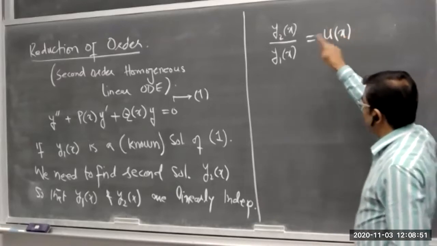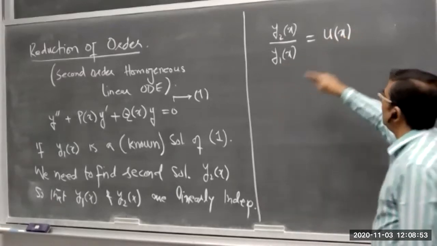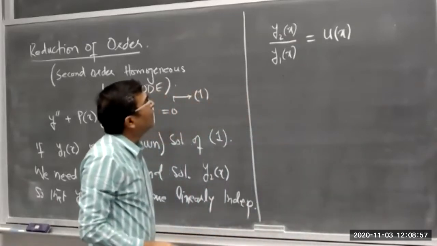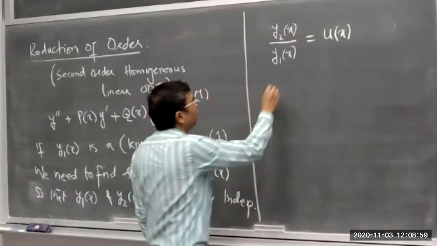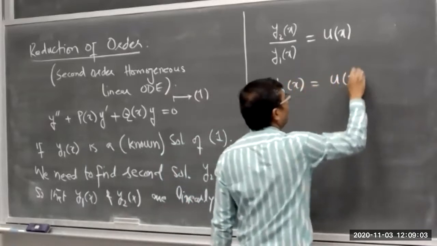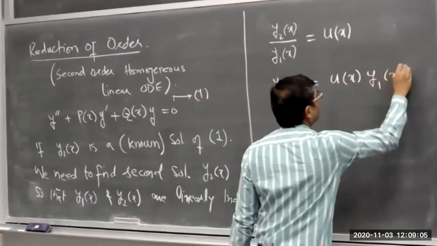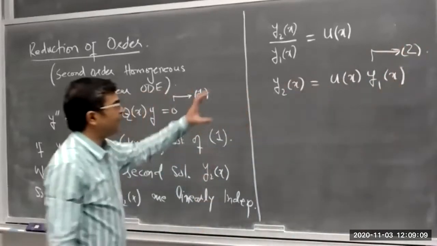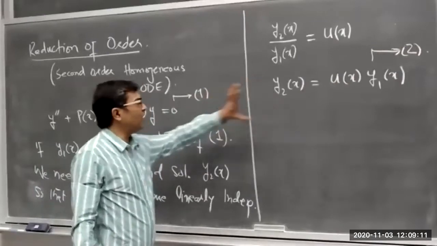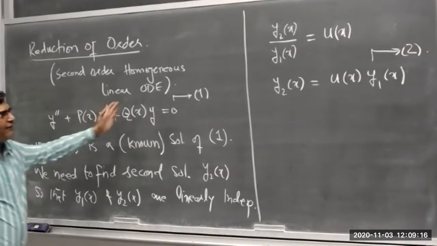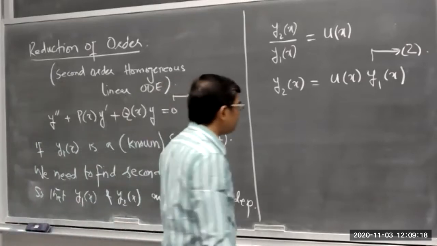I explained this in the previous lecture; you can see that lecture. From here, we can write y2 of x is equal to u of x times y1 of x. This is equation 2, and this is the transformation which will transform this second order ODE into a first order ODE.